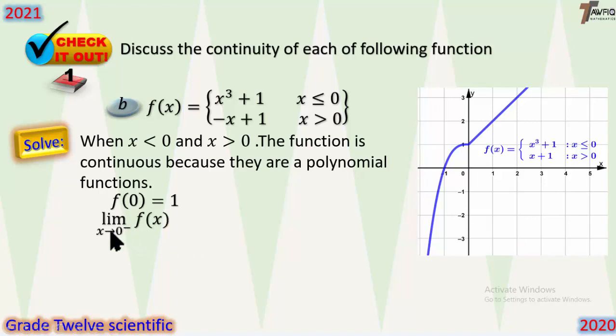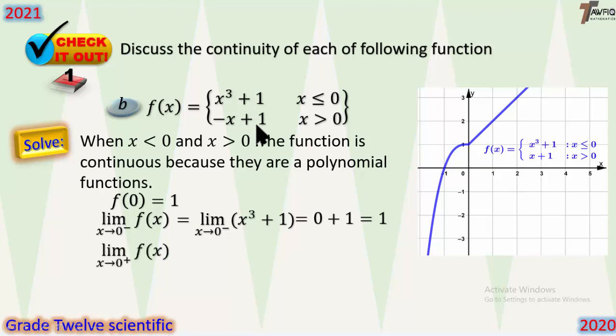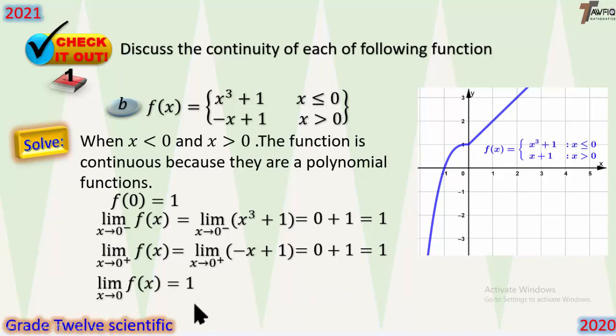The limit as x approaches 0 from the left is 0 cubed plus 1, which equals 1. And the limit as x approaches 0 from the right is minus 0 plus 1, which is 1. Because 1 is equal to 1, therefore the limit is 1.